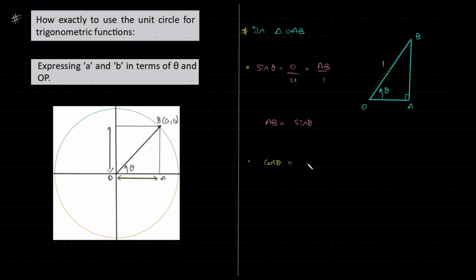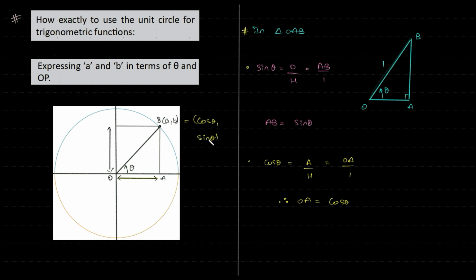Cos theta is adjacent by hypotenuse, which is OA by 1. Therefore, OA is, yes, cos of theta. Now, according to this information, what can you tell about the coordinates A and B? Yes, the coordinates are nothing but cos theta, comma, sine theta.